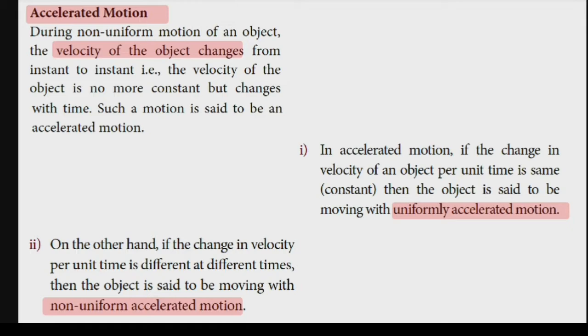In accelerated motion, if the change in velocity of an object per unit time is the same, then the object is said to be moving with uniformly accelerated motion. On the other hand, if the change in velocity per unit time is different at different times, then the object is said to be moving with non-uniform accelerated motion.